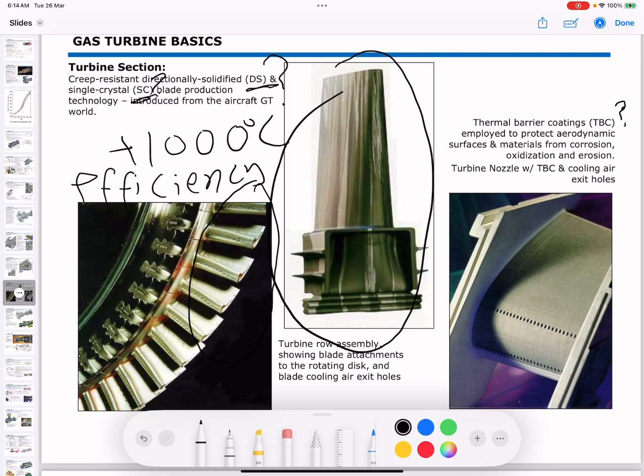TBCs provide thermal insulation, reducing heat transfer to the underlying metal substrates. This insulation allows engines to operate at higher temperatures, enhancing efficiency and performance. So again, we have efficiency here, improving efficiency, withstanding high temperatures, and protecting against corrosion.